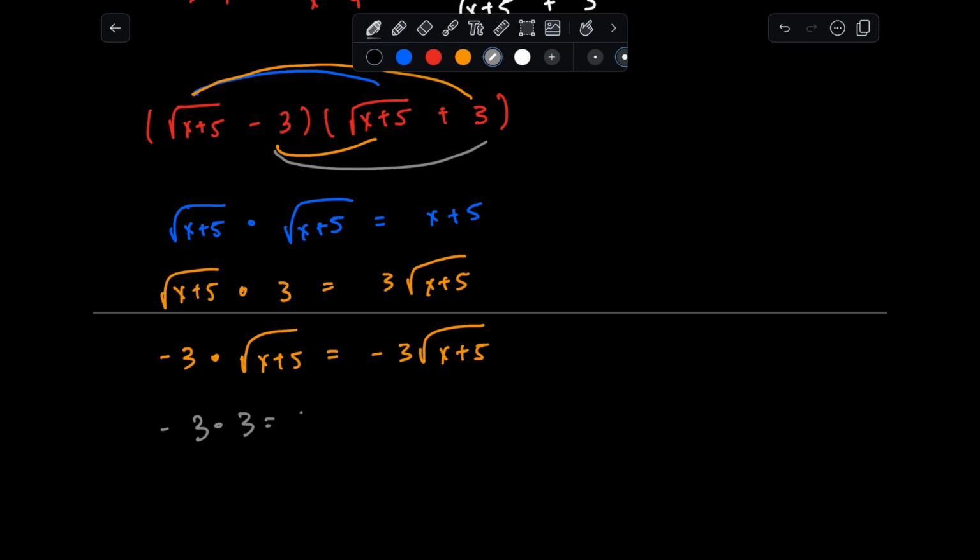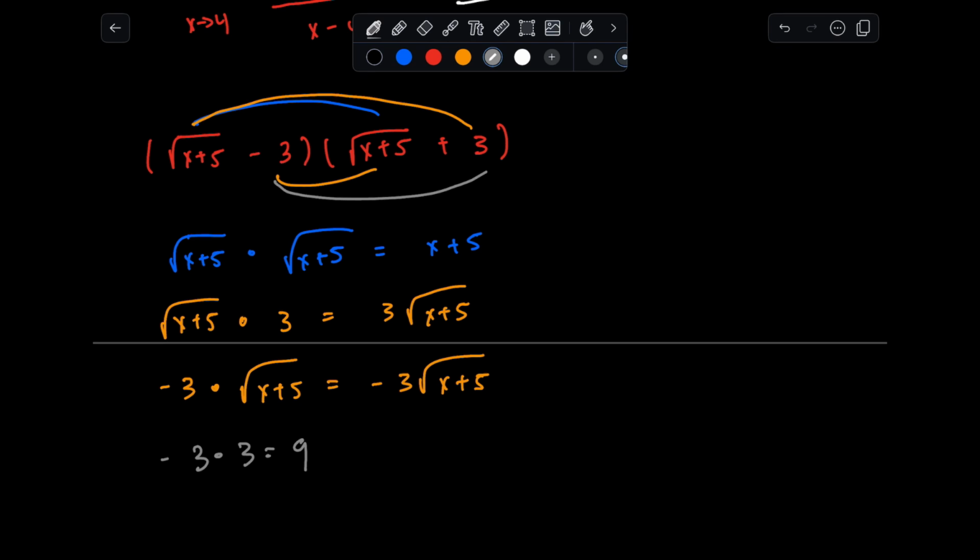is just negative 9. And so notice that the orange part is the same number, but different signs. And so in this expression, we have a positive 3 times square root of x plus 5. In this expression right here, we have a negative 3 times square root of x plus 5.